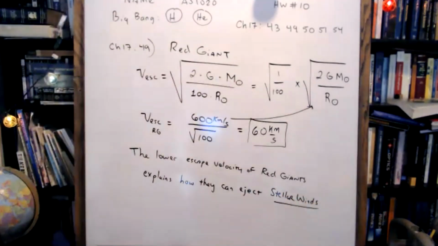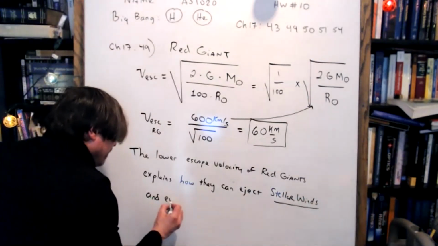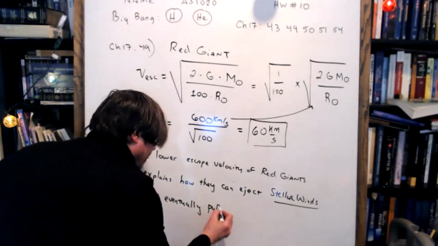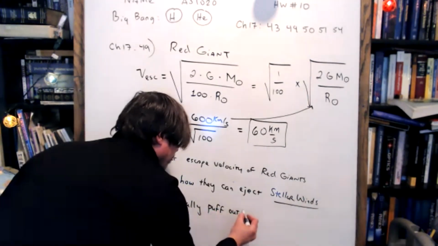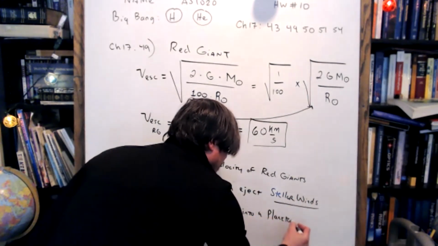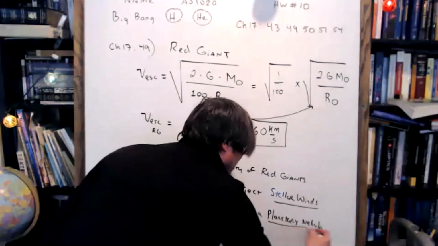That's the new term for you, how they can eject stellar winds and eventually puff out into a planetary nebula. That's the end state of a star such as our sun.